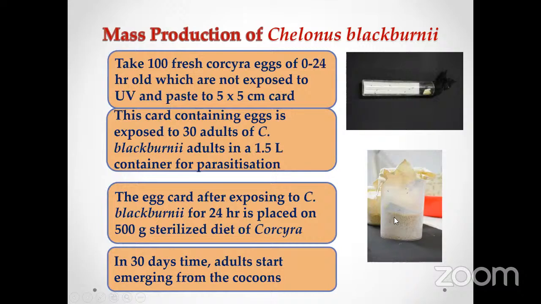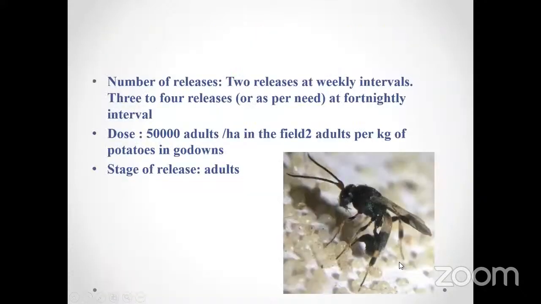Within that larva, we will have the Chelonus blackburni immature stages developing. When the larvae are killed, after 30 days the adult emergence can be observed in the rearing jars. Here we can see the black wasps of Chelonus blackburni coming out of the parasitized cards. So this is a black wasp, a Chelonus blackburni.